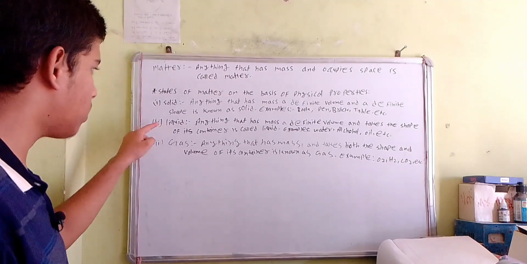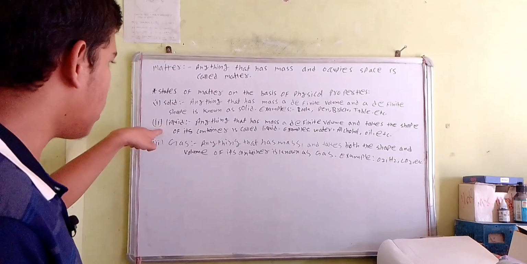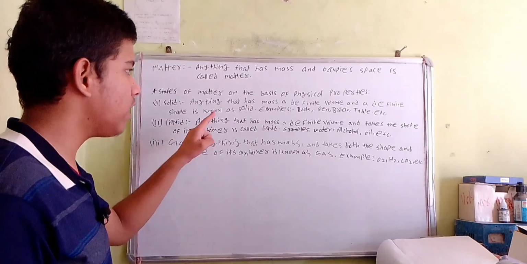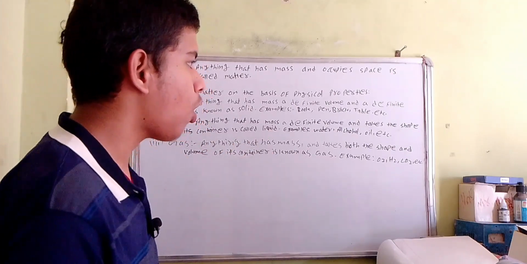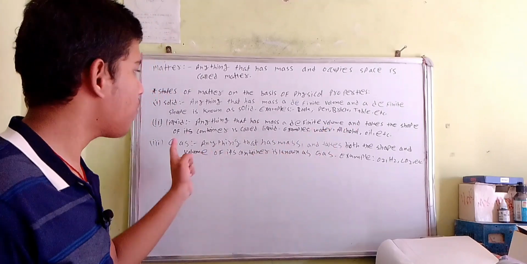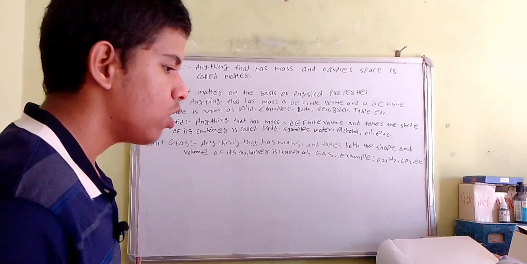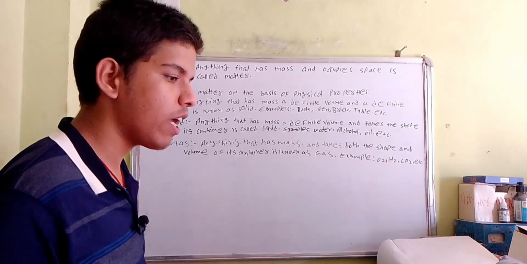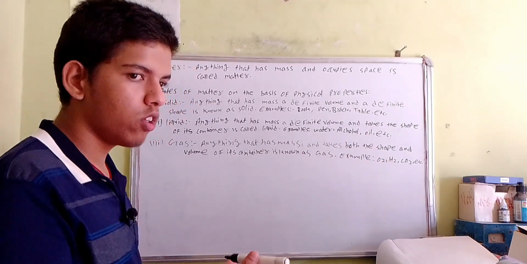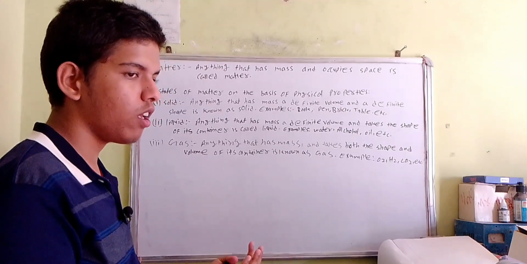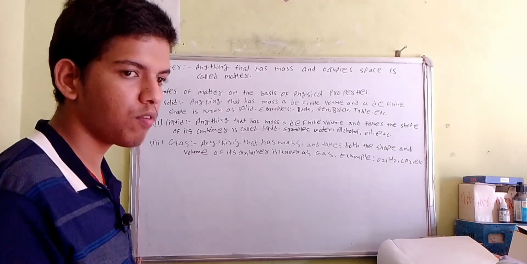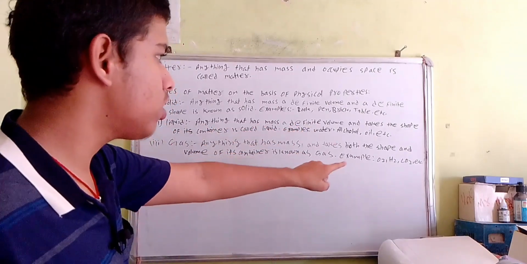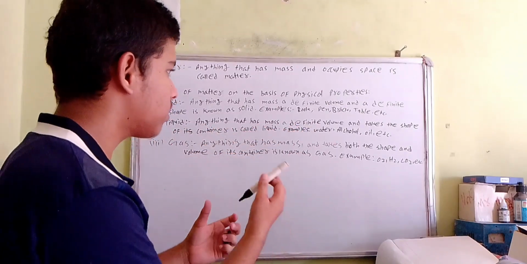Now let's talk about the second state of matter, liquid. Anything that has mass, a definite volume, and takes the shape of its container is called liquid. Water, alcohol, oil are examples of liquid. If you put water in a pot or any kind of container, it will take the shape of the container.